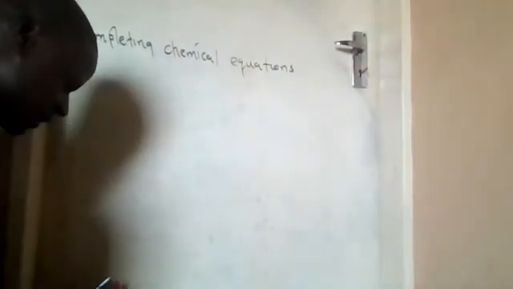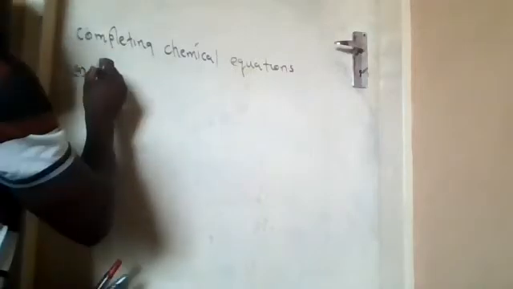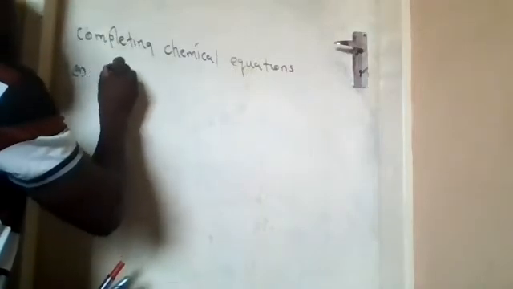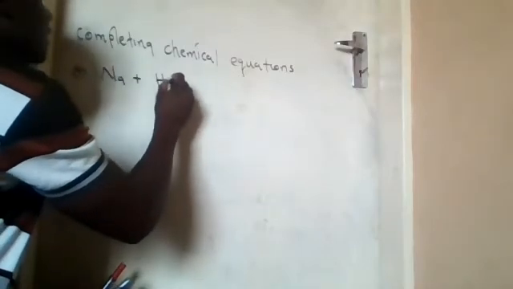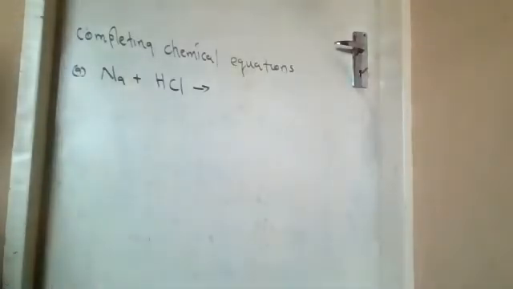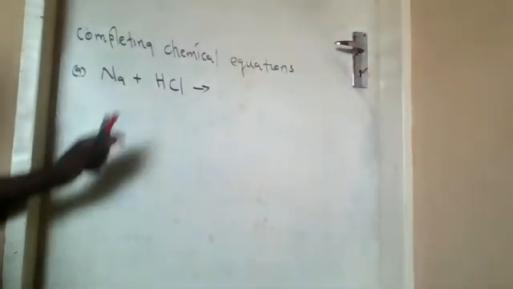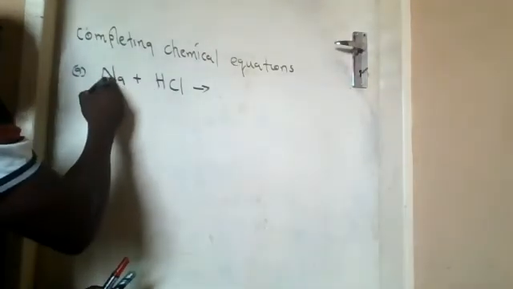The first one is sodium plus hydrochloric acid. So we have Na plus hydrochloric acid, which is written as HCl. So what do we do? You look at the sodium here, which is a metal coming from the periodic table in group 1.